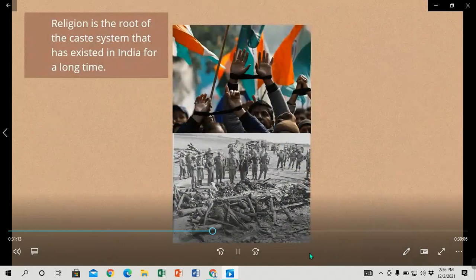In India, there is a belief that people are sorted in a way, or have different positions in the society. There are different places or statuses in their society.